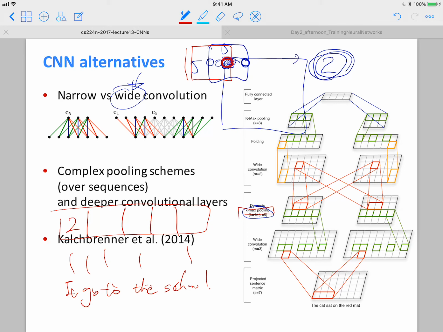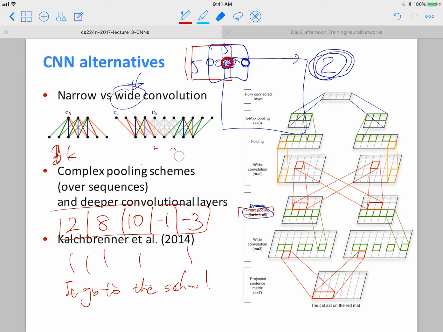So if it was 2, 8, 10, -1, and -3, then the max pooling output will be 10. But with k-max pooling where k is 3, we generate a three-dimensional vector and pick up the three largest values, 10, 8, and 2, but we obey their order in terms of their appearance.